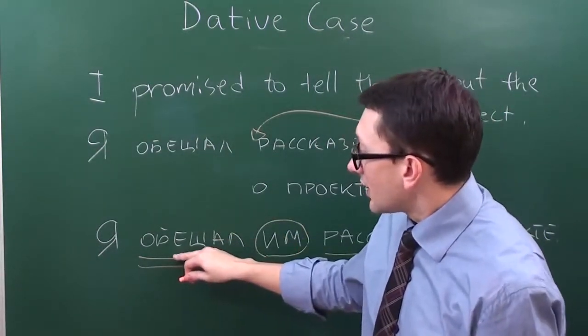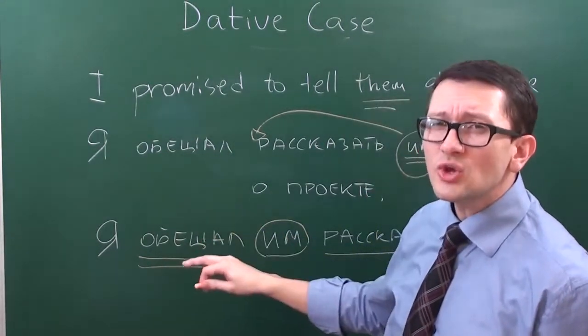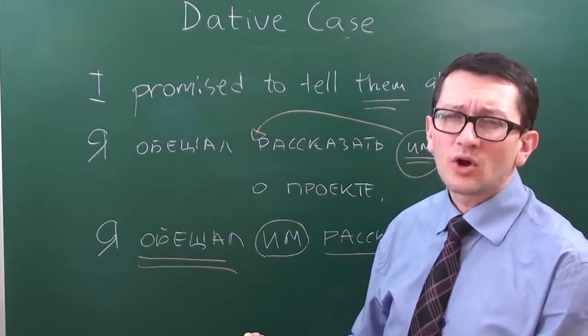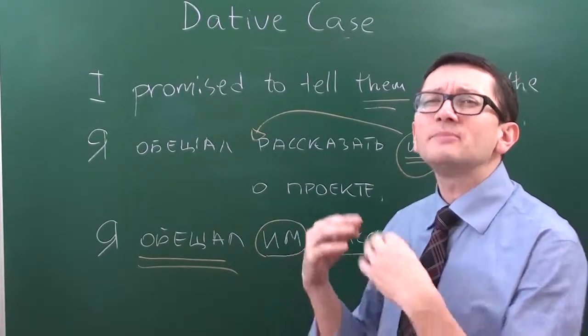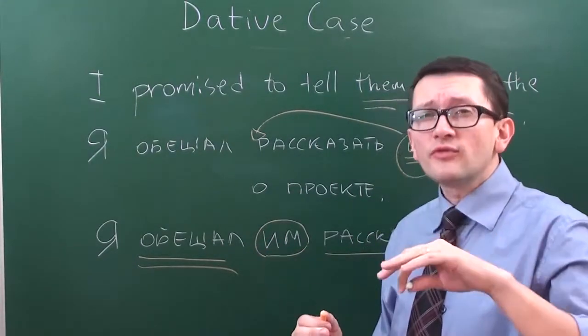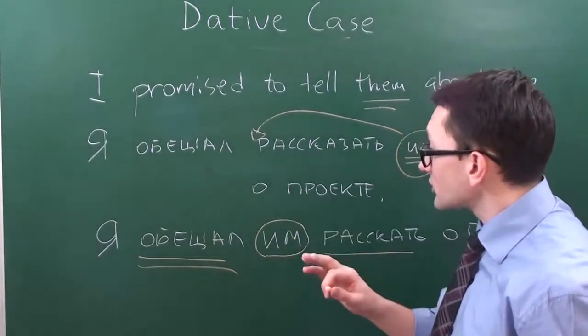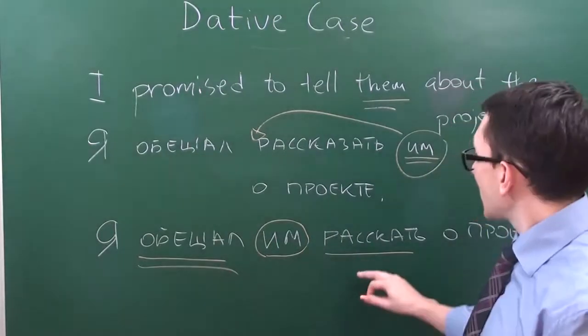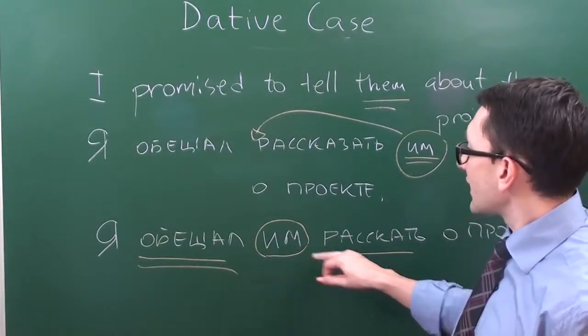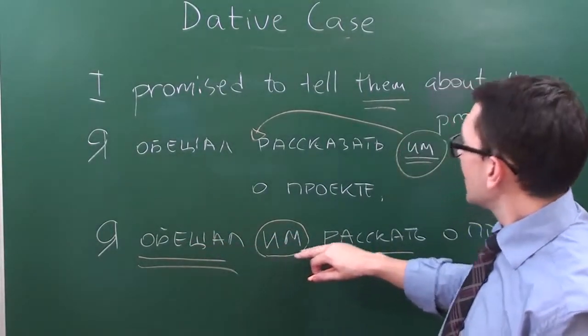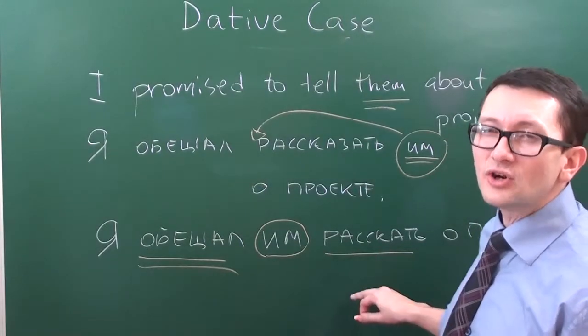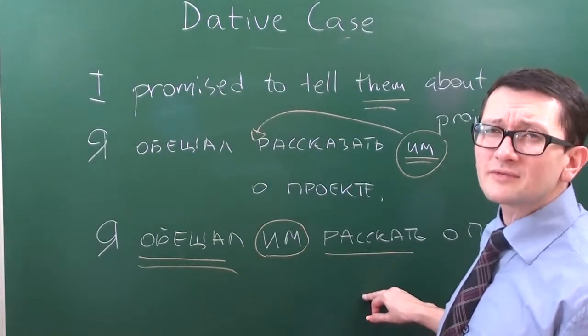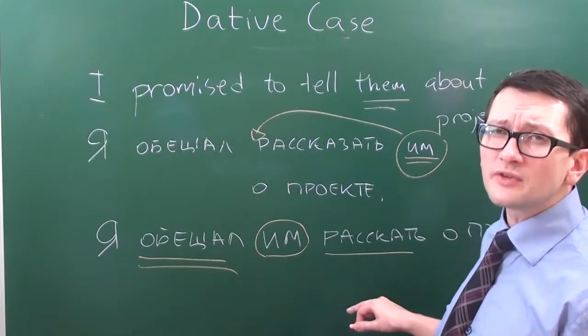In here, as you can see, I used the past form of the verb. Я обещал. And although I refer to the past, I don't follow this rule, I don't keep it there, and I immediately turn to the infinitive. Я обещал им рассказать. Okay? And in here, I don't use the past form of the verb, I use the infinitive form.